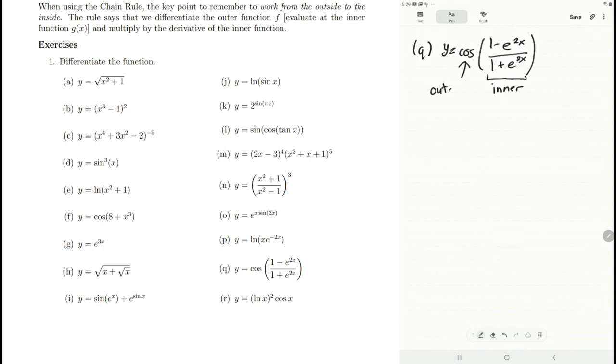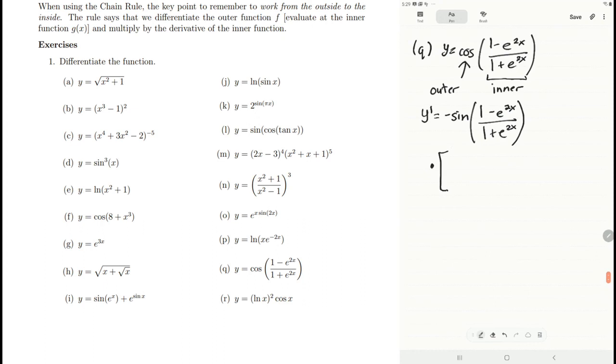And on the outside, we have the cosine. So the derivative of cosine is negative sine, leaving the inner function unchanged. And then we multiply this by the derivative of the inner function.